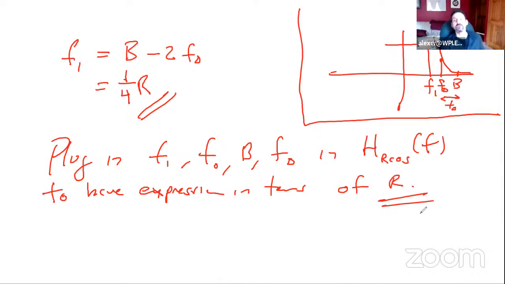Why are we doing this? Why do we critically need this in R?